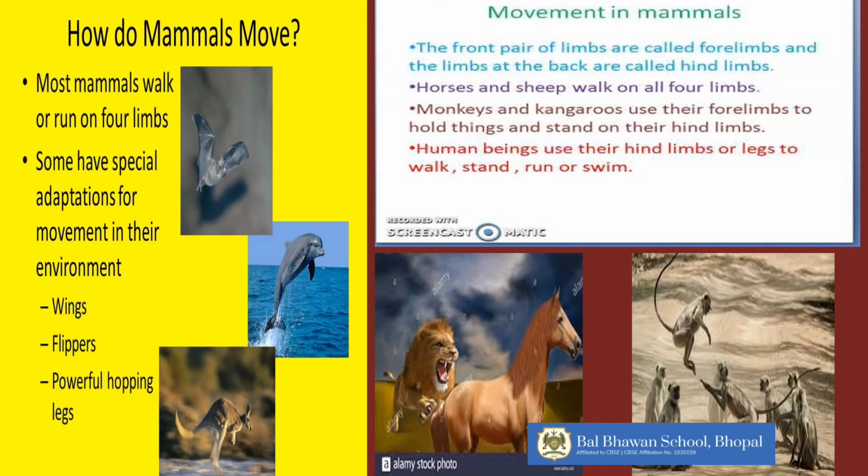Whereas when we talk about monkeys, kangaroos and human beings, we use our forelimbs or hands to hold things, and they stand on their hind limbs. Human beings use their hind limbs or legs to walk, stand, run or swim.